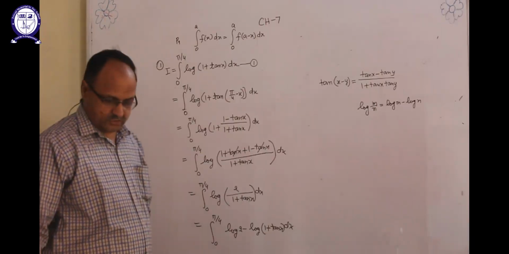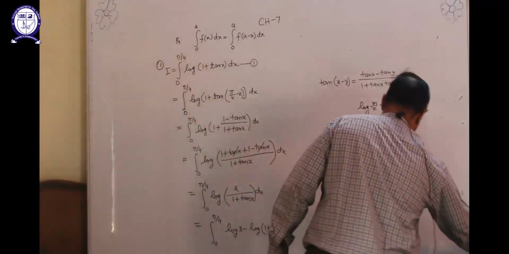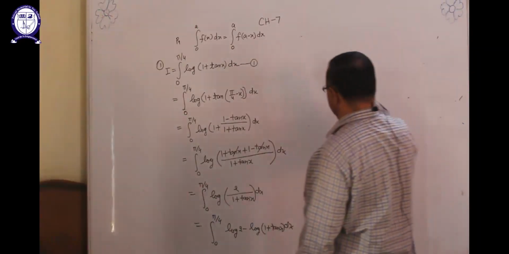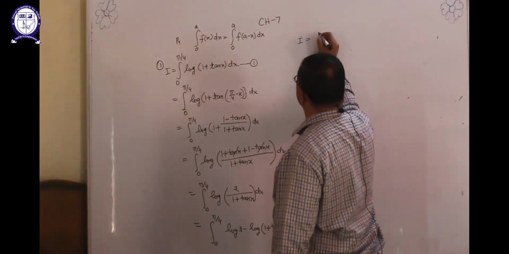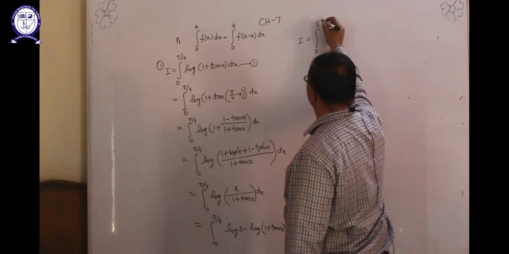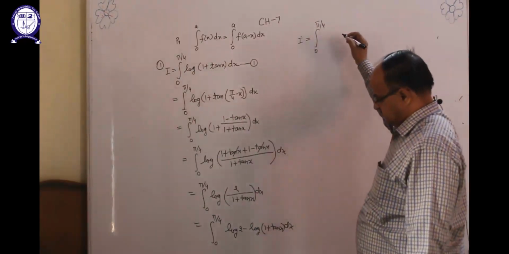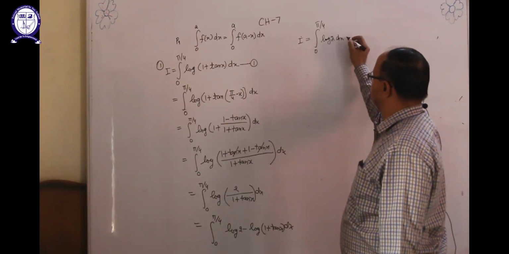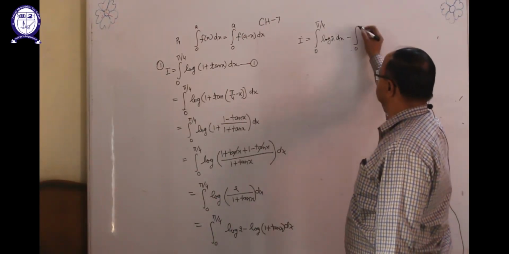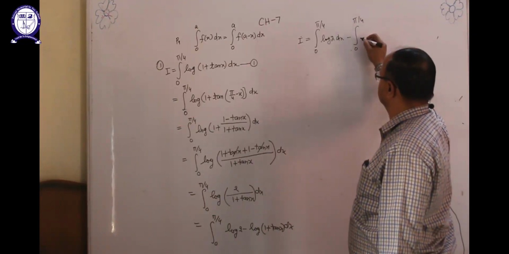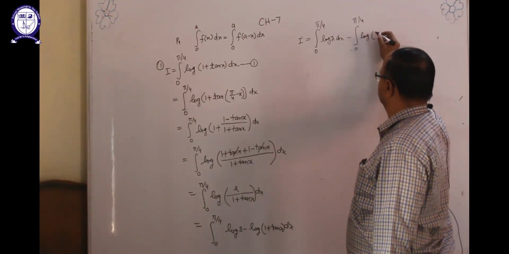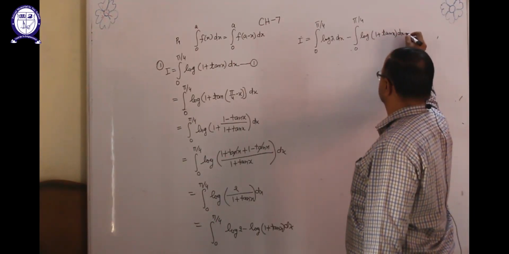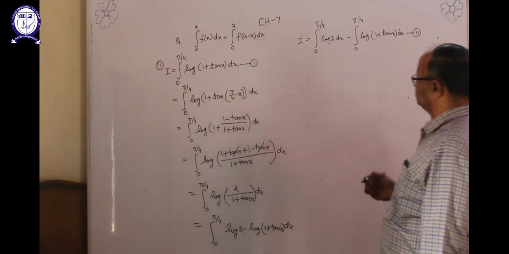Now you can write integration 0 to pi by 4 of log 2 dx minus integration 0 to pi by 4 of log of 1 plus tan x dx. This is equation number 2.